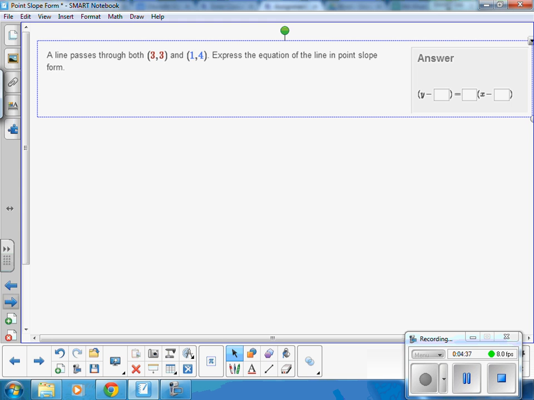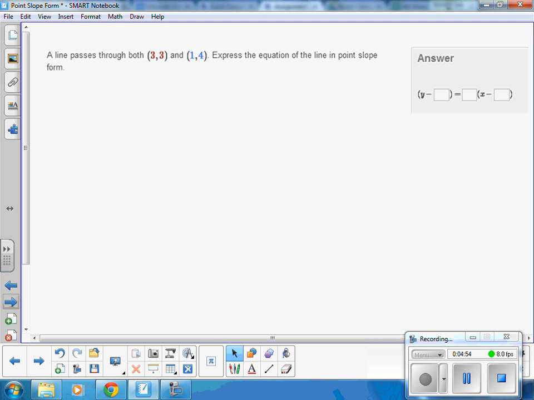In this next problem, it just gives me the 2 points, but it gives it to me in a different form. Same as before, it gives me a red and a blue. So let's first of all find the slope. 3 minus 4 is a negative 1, and 3 minus 1 is 2.